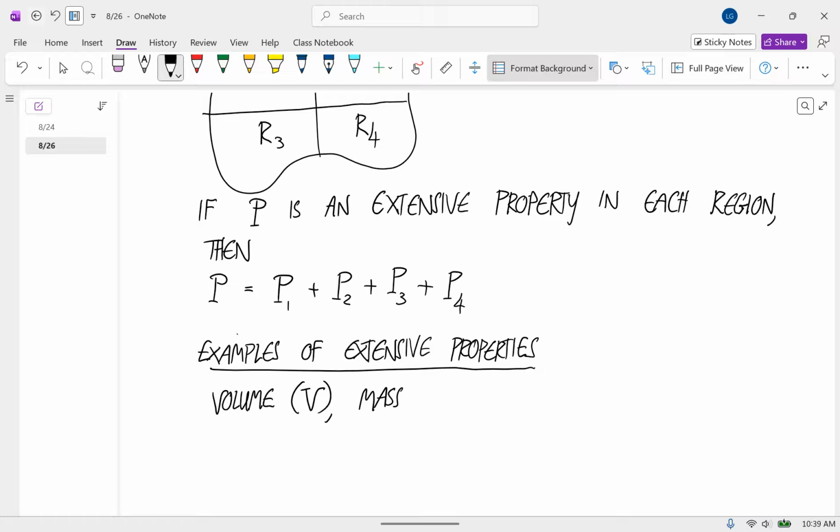Mass, that makes sense. If you take a table that has a certain mass, split it up into 4 pieces, the masses of those individual pieces have to add up to the total mass. We'll denote this with a lowercase m.